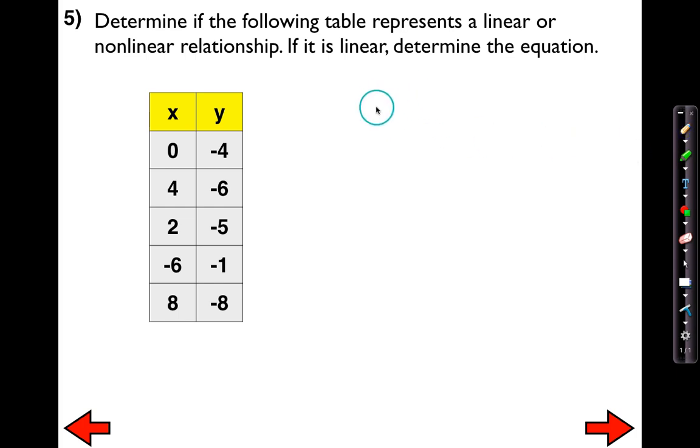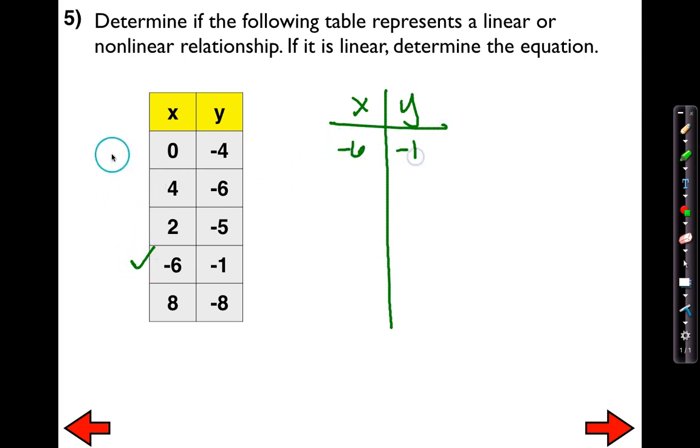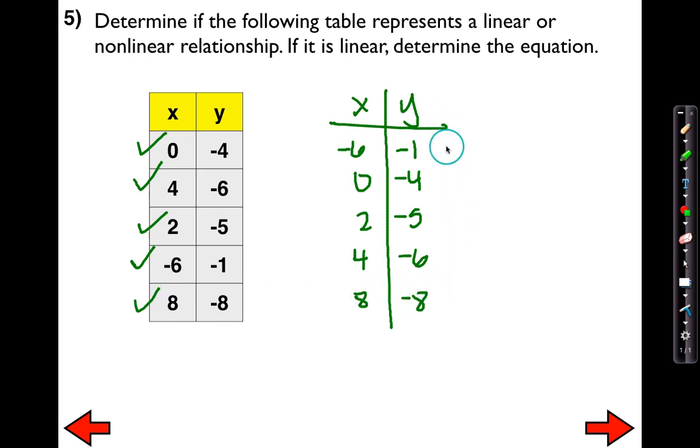So once again, I'm going to go ahead and put them in order. Starting with -6, -1, 0, -4, 2, -5, 4, -6, and last but not least, 8, -8.